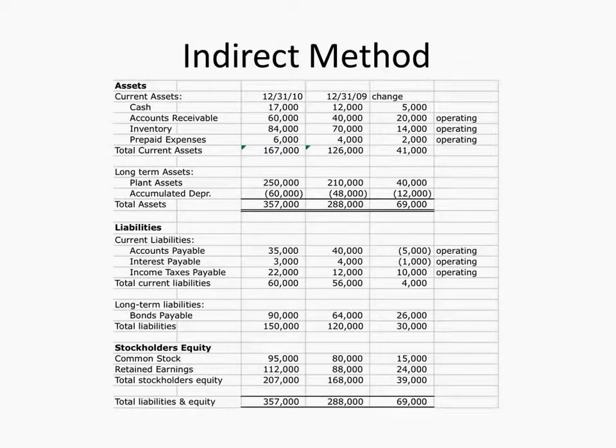You debited prepaid expense and you credited cash. So we can intuitively figure out the rule. When an asset goes up, cash goes down.